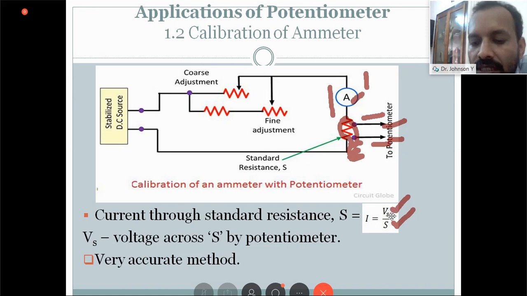Using this equation, we find the current through the standard resistance, which is the same as the ammeter current. First we measure the current from the ammeter, then calculate the current using this equation, and check that both are equal. If both are equal, the ammeter is calibrated well. It is a method of calibration.